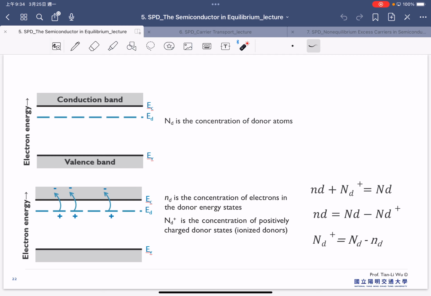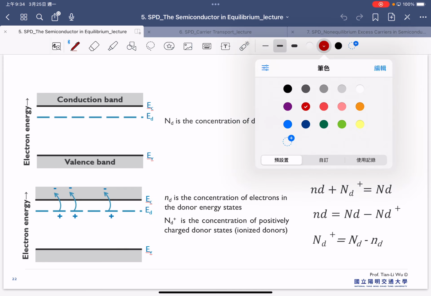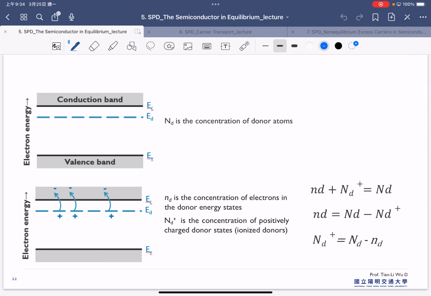As we already discussed last week, once ND is ionized, part of it will start to contribute electrons, and the positive charge will be left behind in this forbidden band gap here.